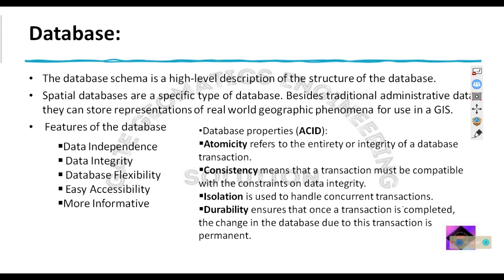Those are mainly named as ACID properties. A for atomicity, and C for consistency, isolation and durability. Atomicity refers to the integrity of the database. The database properties cater to whether the features of the databases are properly there or not. So for that you have to maintain the database properties to make a database management system.